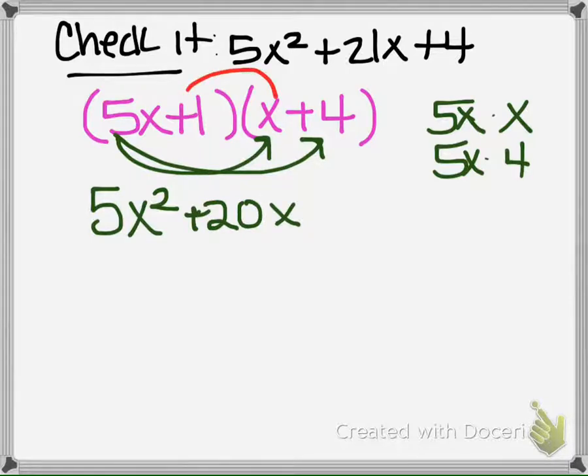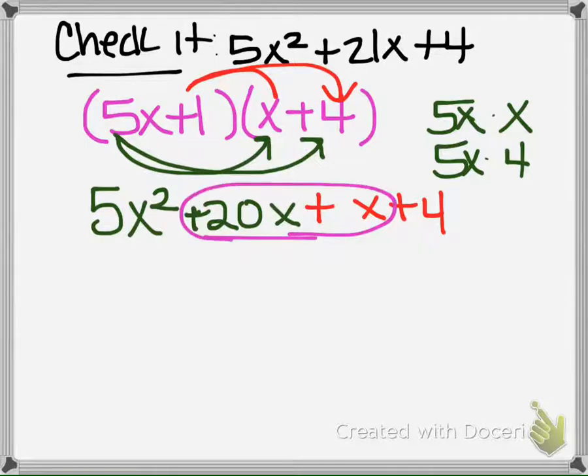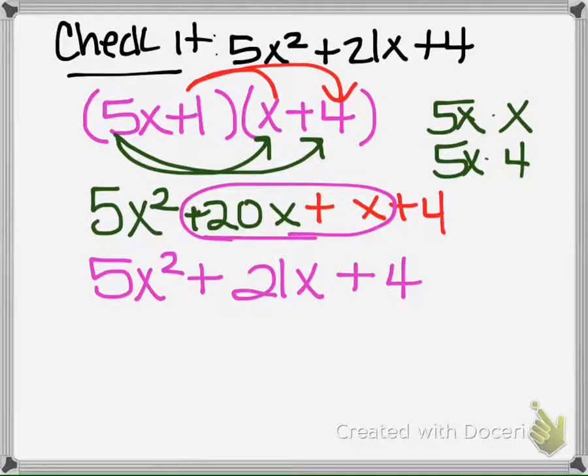And then we have 1 times x, which is just x. And then we have 1 times 4, which is 4. Then we're going to combine the like terms. And as you can see, we get what we originally started with here. They're the same.